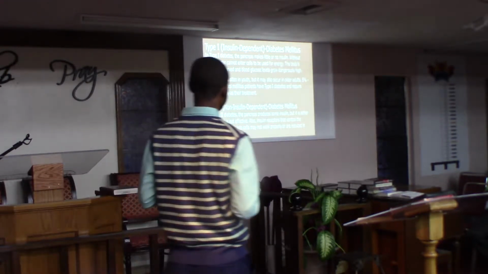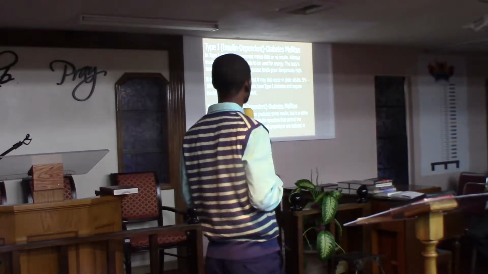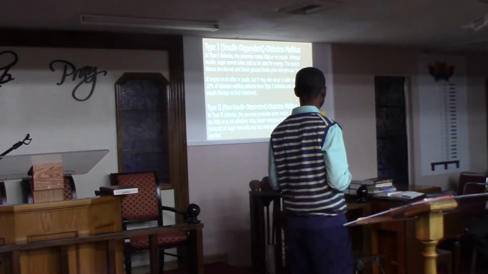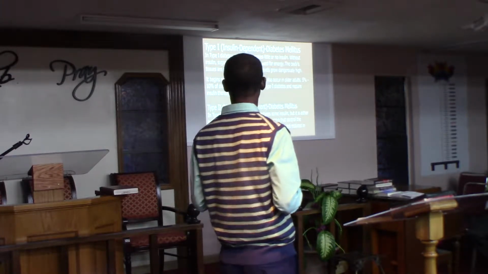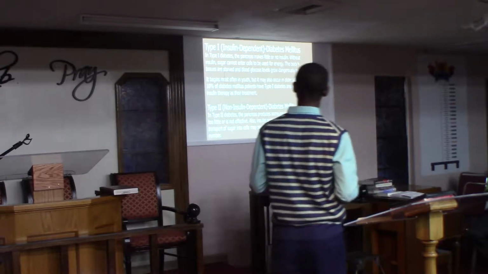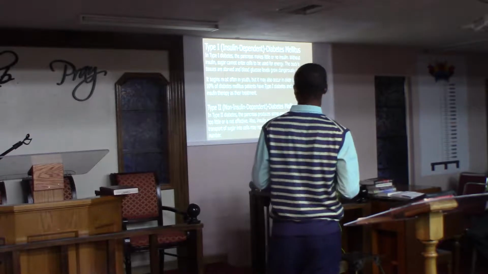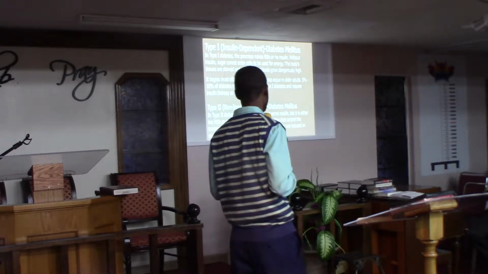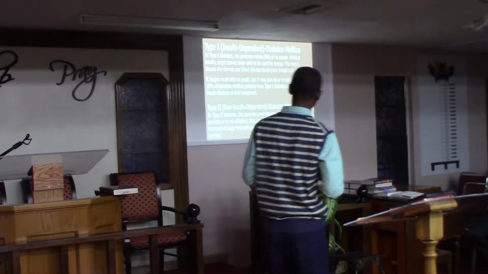Type 1 diabetes. In type 1 diabetes, the pancreas makes little or no insulin. Without insulin, sugar cannot enter cells to be used for energy. The body's tissues are starved and blood glucose levels grow dangerously high. It begins most often in youth, but it may also occur in older adults. 5% to 10% of diabetes mellitus patients have type 1 diabetes and require insulin therapy as their treatment.